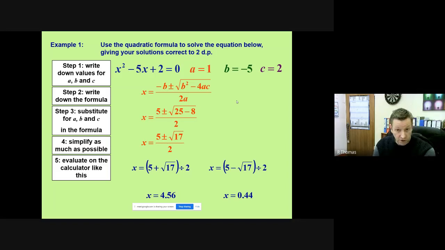So that was just me showing you how we do it. And I would expect that amount of work on the page, right? Don't forget, you get 1 mark for writing ABC, 1 mark for writing out the formula, and then 1 mark for each correct answer. This is the bit I wanted to do in your head before you go for that calculator. Right, so I'm going to move on and I'm going to ask you to try one now, okay?